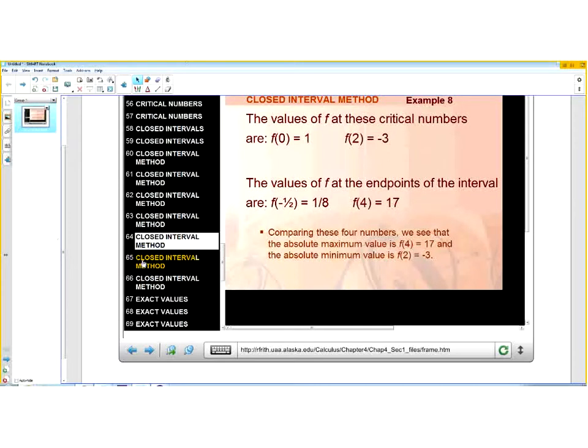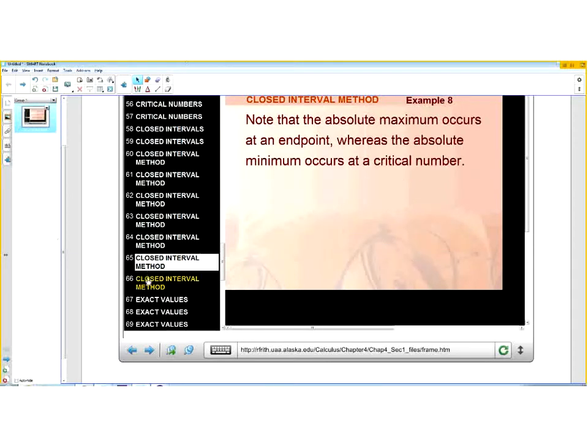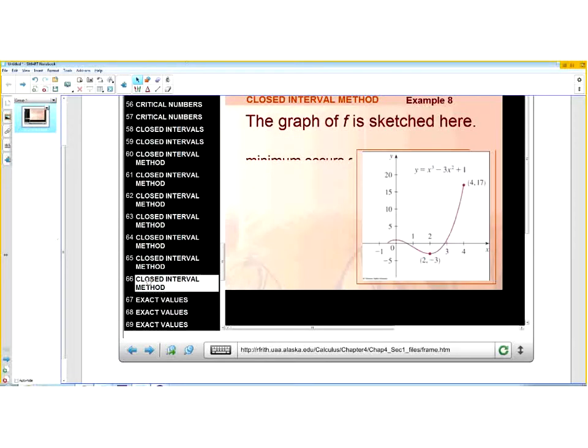All right, and here's the graph of the function to verify your results. x cubed minus 3x squared plus 1. You can see there's the absolute max at the right endpoint, and an absolute min in the interior of the interval right here. And you can see the absolute min is also a local min because it's a point of transition from a decreasing function to an increasing function.